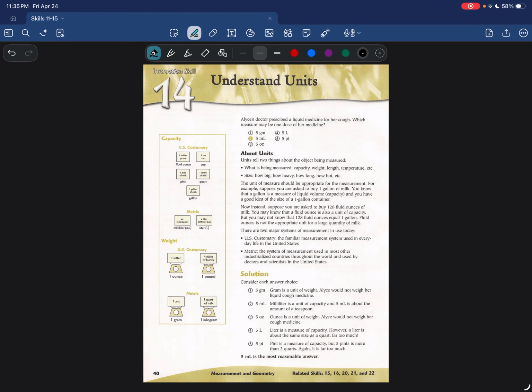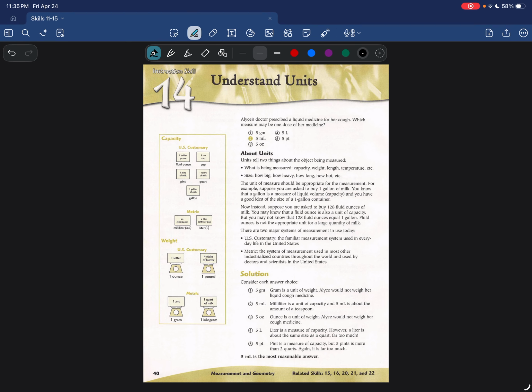Number 3 is foot, that measures distance. So kilogram and ounce are both weight measurements, but for a letter, I would use an ounce. Kilogram is the weight of a quart of milk. It's heavier than a letter would be.